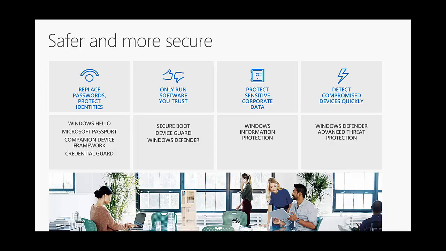So, safer and more secure. Like I mentioned, Windows Hello I think is absolutely awesome. I'm using it on my device, and I actually set it up for another family member within my house. It's very easy to use and set up. It's basically a face identifier. So even if I'm having a bad day and don't look my best, it still recognizes me.